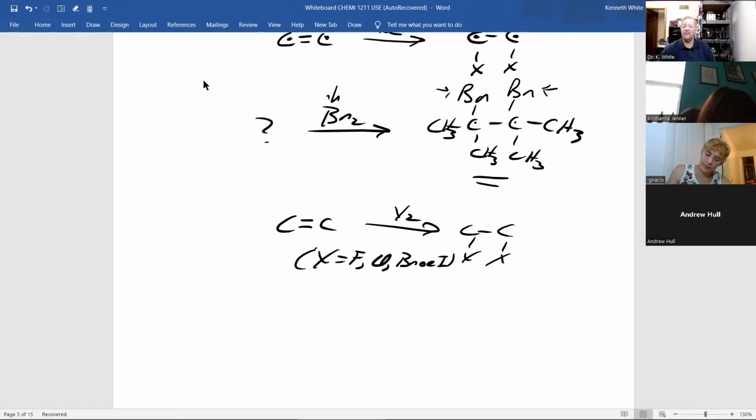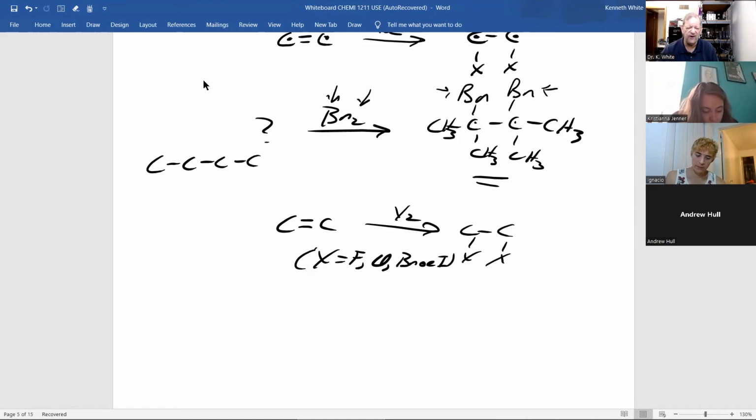Well, to break carbon-carbon single bonds, or have I added any carbons? No. So I end up with 6. I better start with 6 and the same structure, 4 and 2 carbons here. Now my 2 carbons with the halogen are these 2 carbons, which will be these 2 carbons double bond.